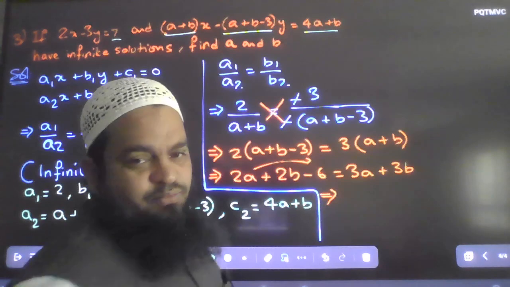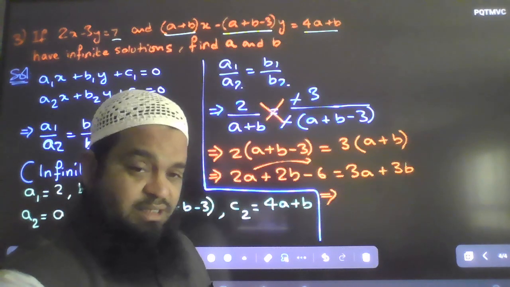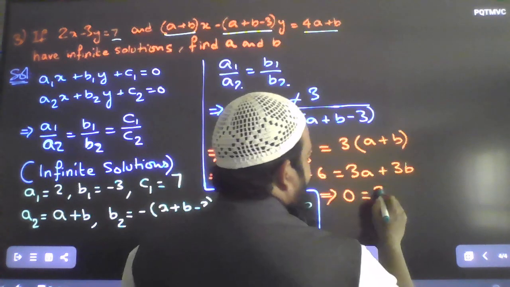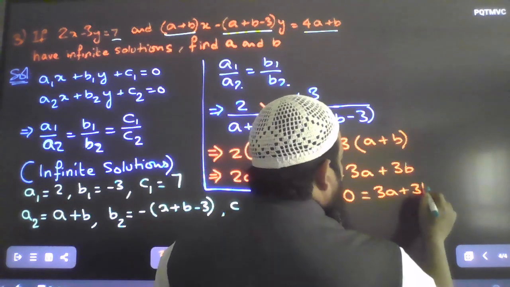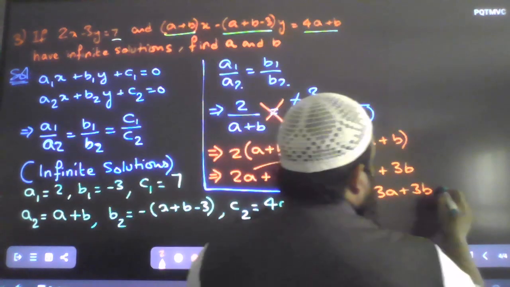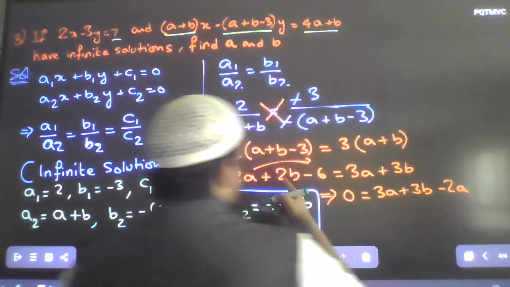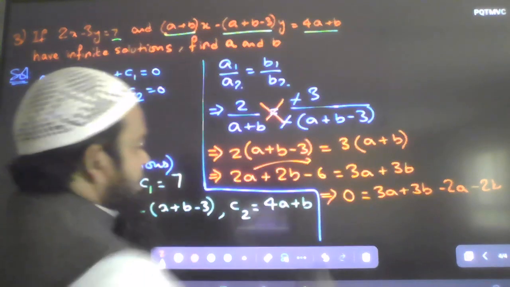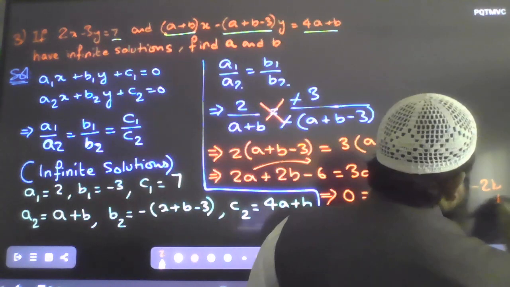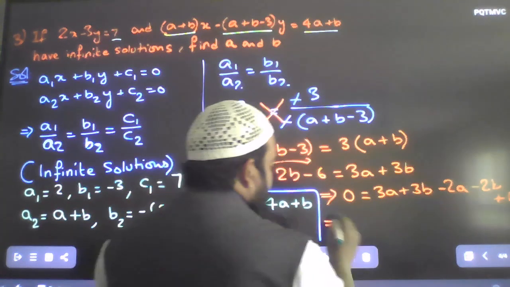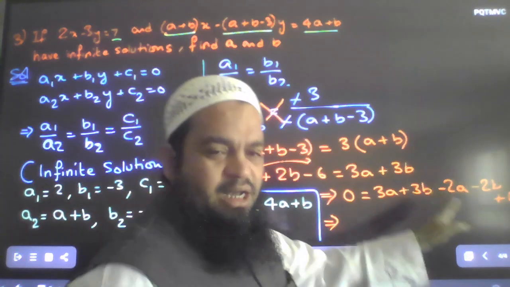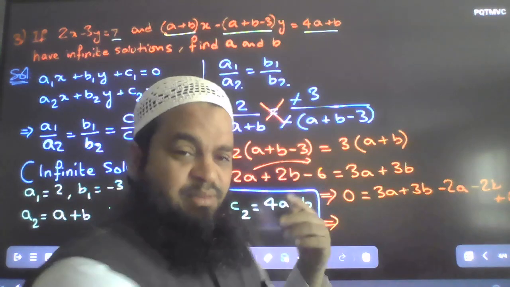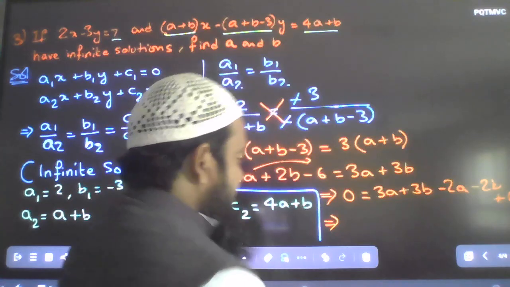When everything is transposed from the left hand side, you will have 0 equals, already you have 3a plus 3b, and now 2a becomes minus 2a, and plus 2b becomes minus 2b, and after that minus 6 will become plus 6, and LHS is equal to RHS. So you can write RHS is equal to LHS. That means you can transpose without changing the signs, right?